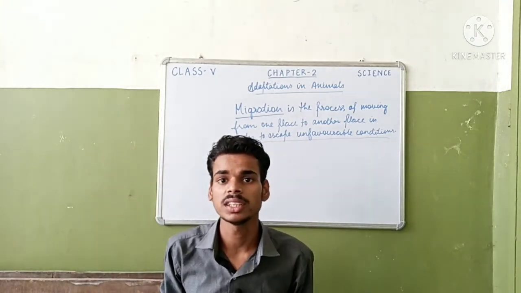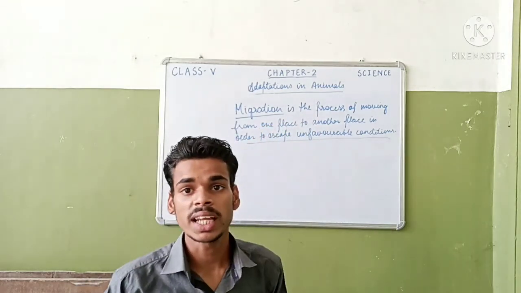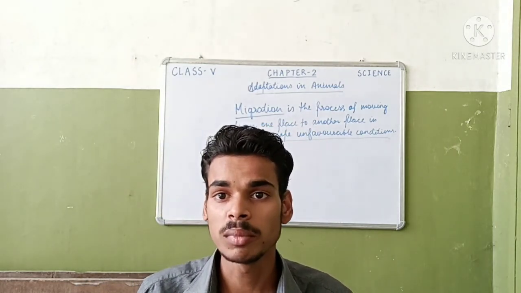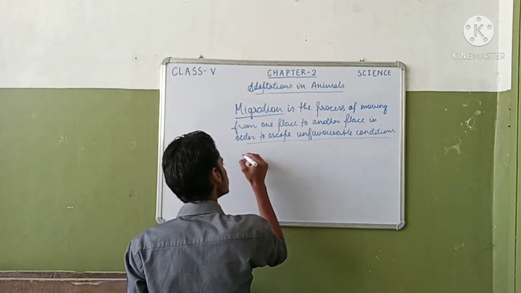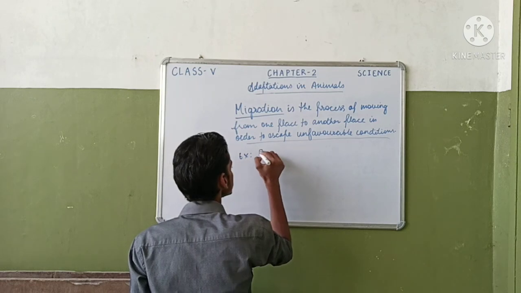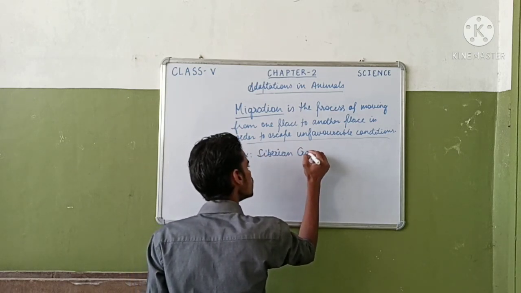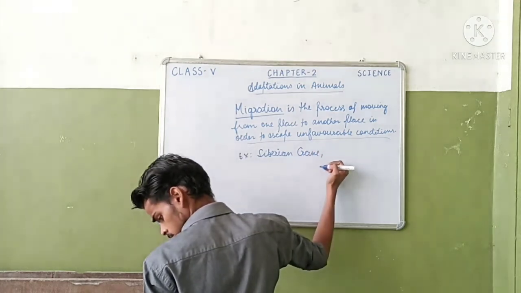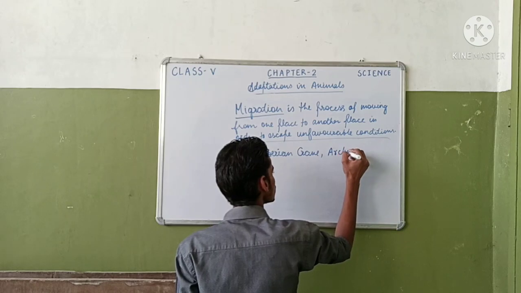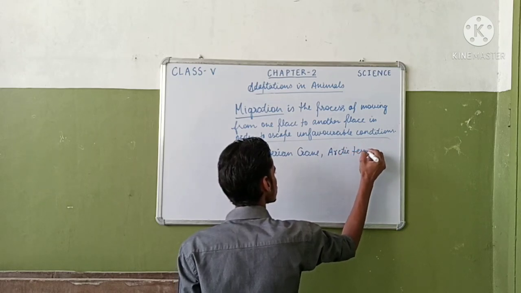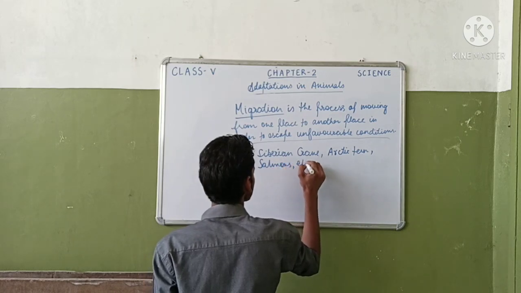Instead of adaptation, some animals migrate from one place to another and they are called migratory animals. Some examples of migratory birds are Siberian crane, Arctic tern, moths, etc.